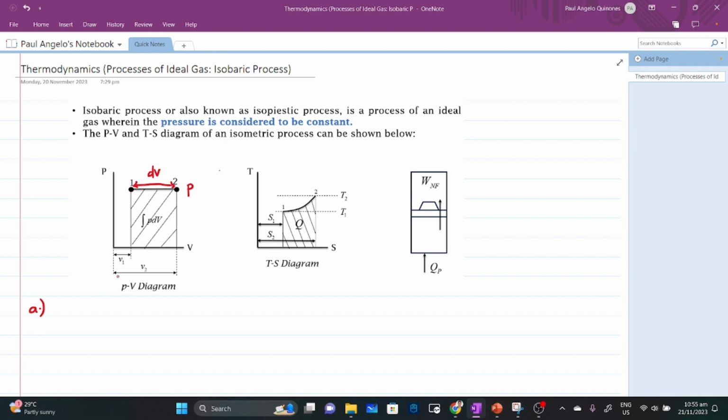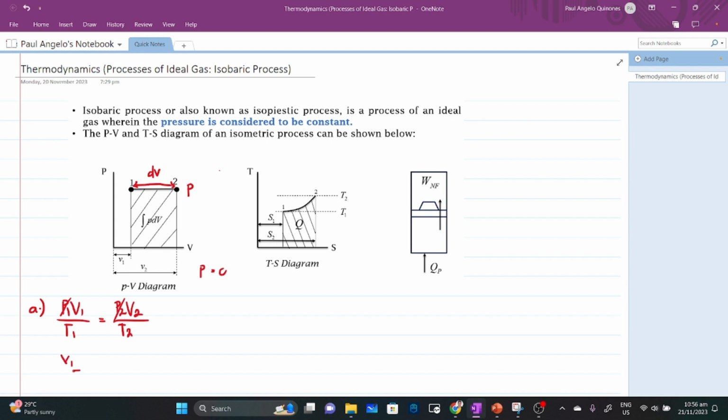Let's start first with the combined gas law, which is P1V1 over T1 equals P2V2 over T2. The assumption now is that pressure is constant, so we can eliminate pressure from the equation.